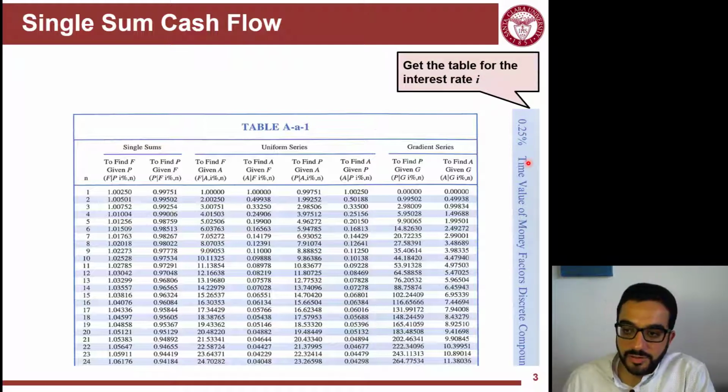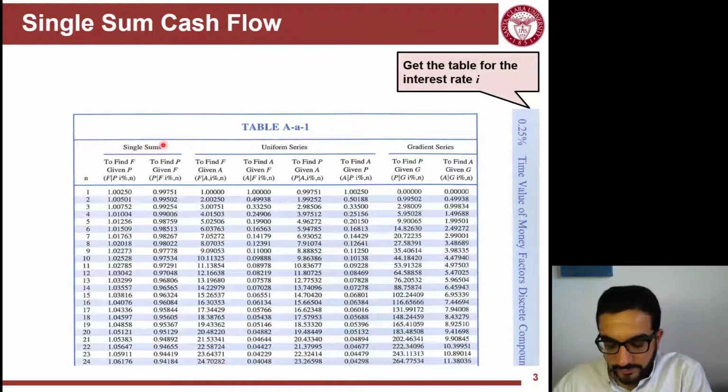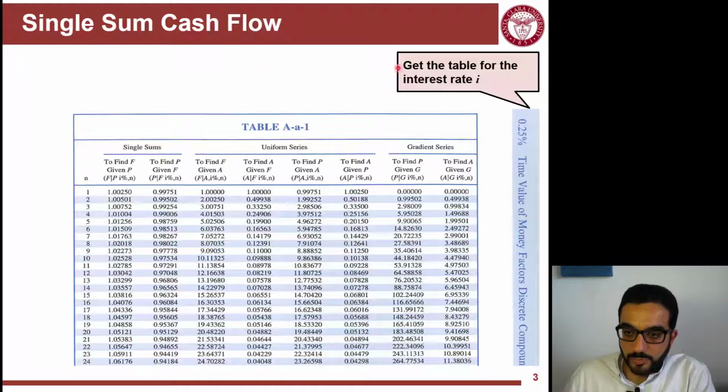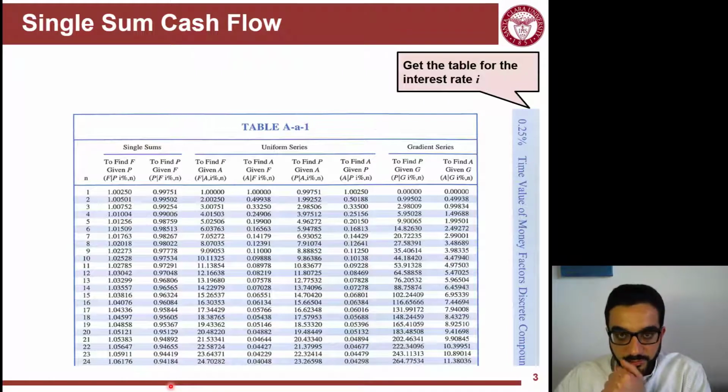Tables in different textbooks have different formats. In my class, I use one from the white textbook. So the white textbook has this format, but most of them have the same way that the pages are organized or the factors are organized. So here, every column is a factor.